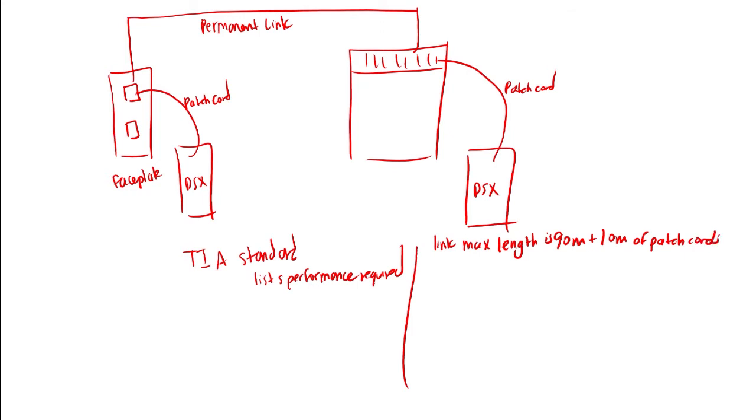So if our length is too long, then we're already in trouble. Now, technically speaking, even if you exceeded the 90 meters, you could still have a functional link, but you may see a high return loss past 90 meters. You also have to make sure that you've entered the correct propagation delay or velocity into your tester.